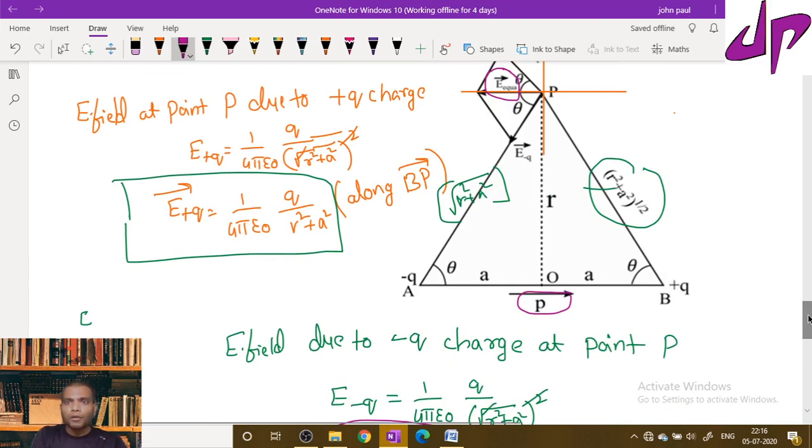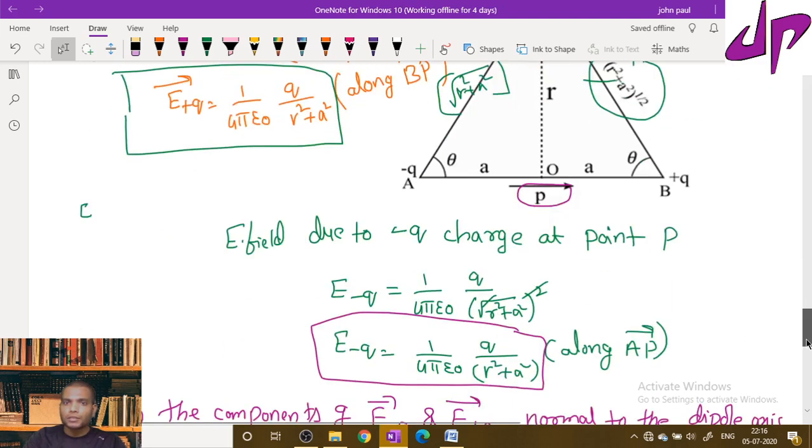From the triangle AOP you can figure out what cos theta is. Cos theta equal to a upon square root of, here hypotenuse equal to a square plus r square. So we can substitute that.